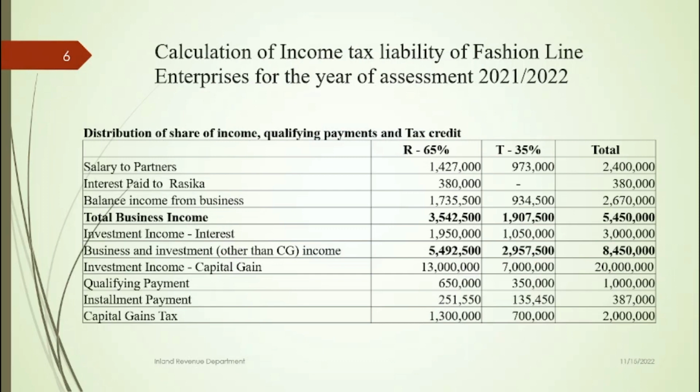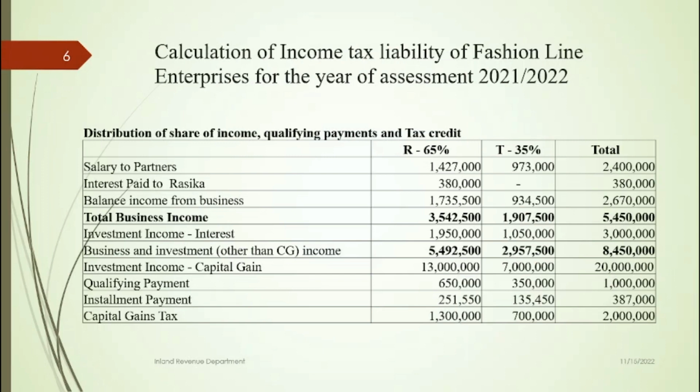Then we have to calculate the balance income from business. The total income from business will be 5,450,000. We have to deduct 2.4 million and 380,000 from that 5,450,000. Then we will receive the balance income of rupees 2,670,000.